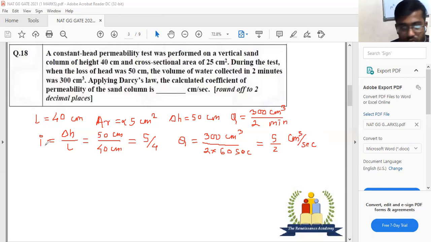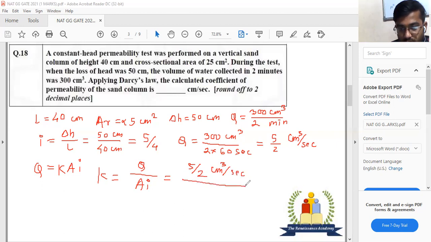Now you have all the values. You can easily apply Darcy law. Q is equal to K A I. We need to calculate K. So convert this formula in form of K. So K is equal to Q divided by AI. Now substitute the value. You have Q 5 divided by 2 centimeter cube per second, divided by area, that is 25 centimeter square multiplied by gradient, which is 5 by 4.